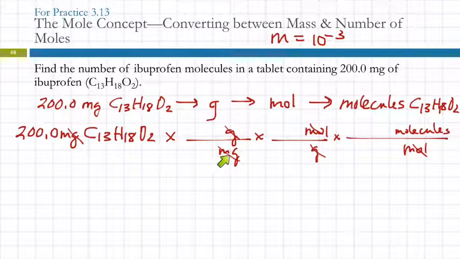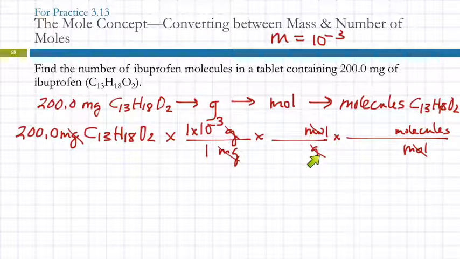A gram is not equal to a milligram. So here I've got milli. I want to put what it means on the other side of the line. It means 10 to the minus 3. So 1 times 10 to the minus 3 grams is equal to 1 milligram. Milli is an abbreviation for 10 to the minus 3.